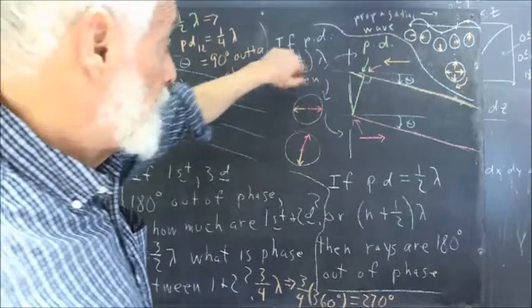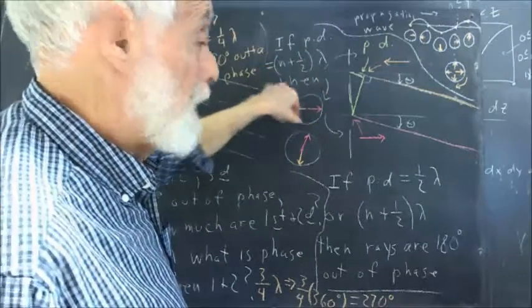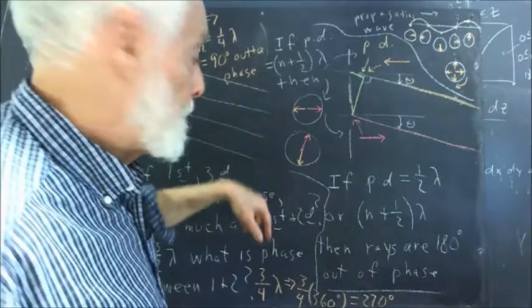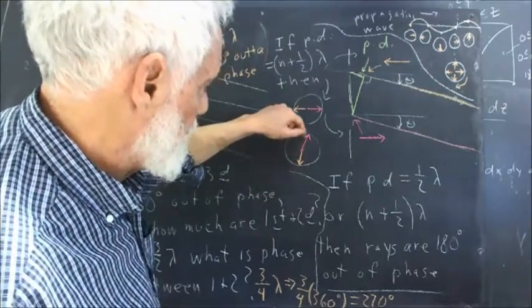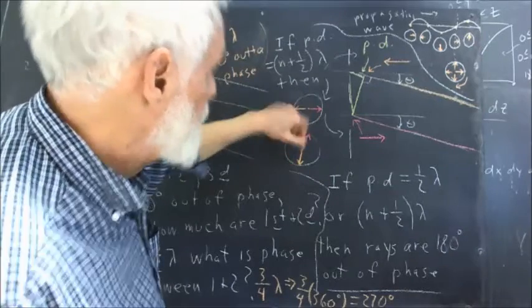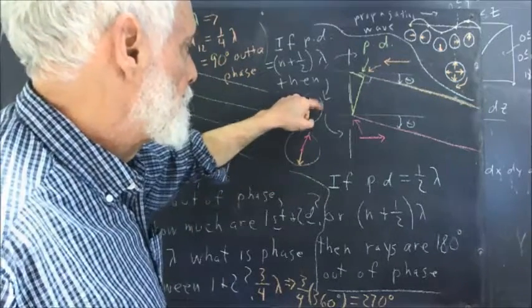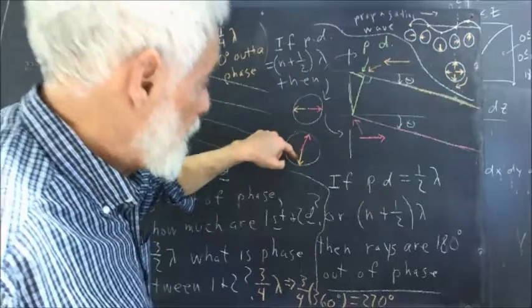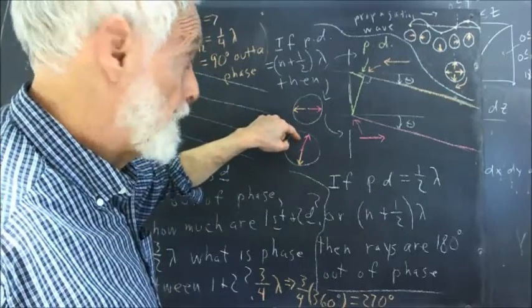But of course, these phases go through all angles as they go around the circle, but they're always equal and opposite. I didn't quite get the direction of that opposite this one, but it should have been. So as this goes around the circle this way or this way, it doesn't matter. This one is always 180 degrees different than this.